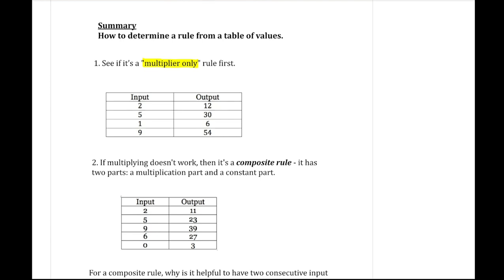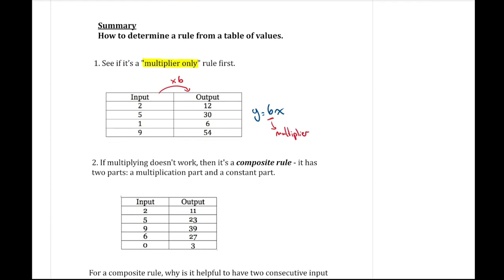So in this case, 2 times what gives me 12? 5 times what gives me 30? Is it the same for every single input value? In this case, it is. We're multiplying by 6, and that's it. So that means my rule is y equals 6x, and this 6 represents the multiplier.